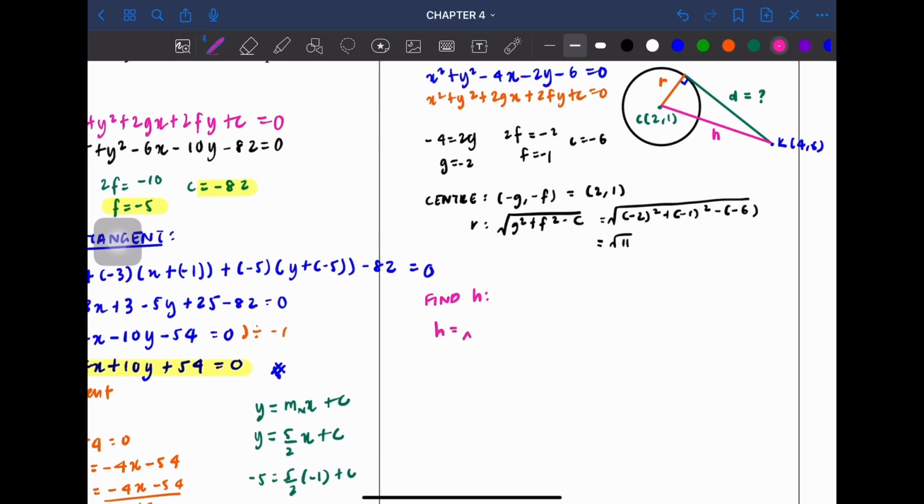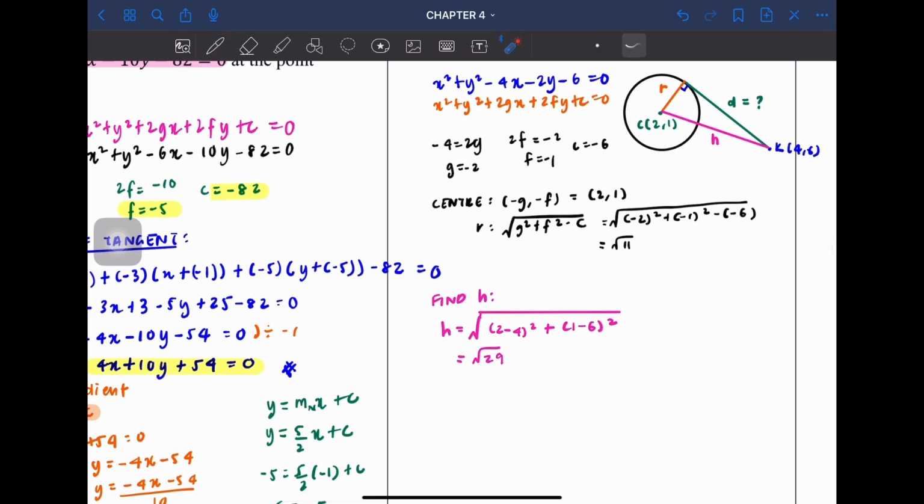So h is equal to the square root of, remember the formula for distance, x1 minus x2, so 2 minus 4 squared, plus y1 minus y2, 1 minus 6 squared. That's the formula for distance between 2 points. Using the calculator, we'll get root 29.